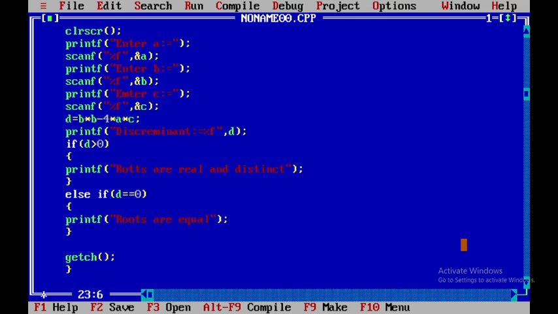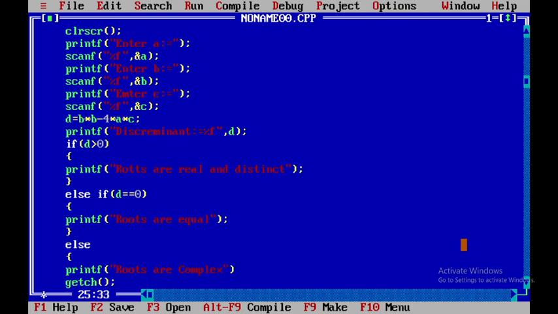Or else, if this is not the case, in the otherwise else we are going to display here printf roots are complex.